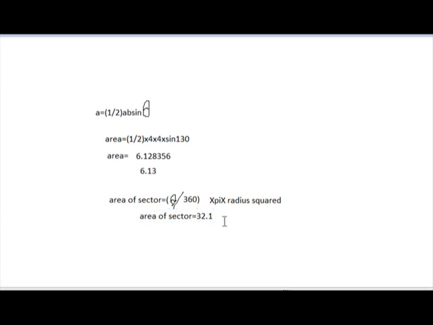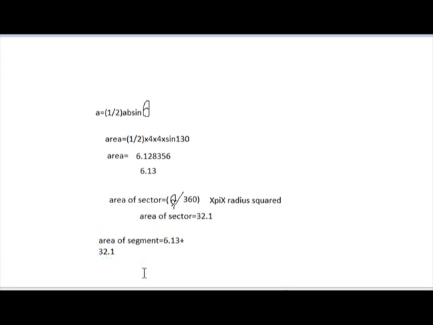So now the final answer, area of the segment. This is how we present it: 6.13 plus 32.1.